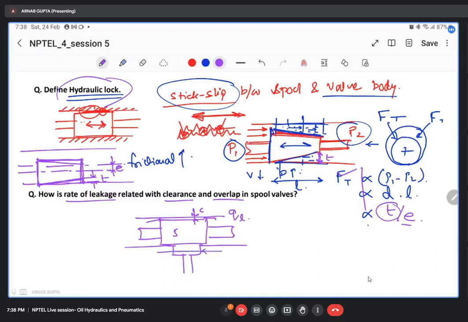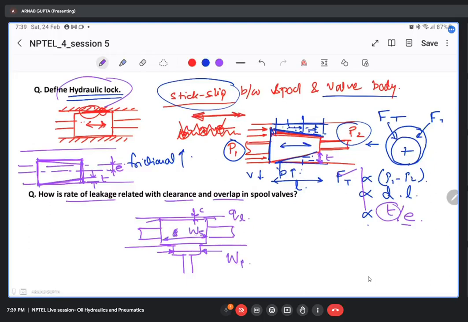The width of the port, or the diameter of the port, is say WP. I would say width rather than diameter, because it depends on the shape. So this particular width is WP, and the spool width is WS.